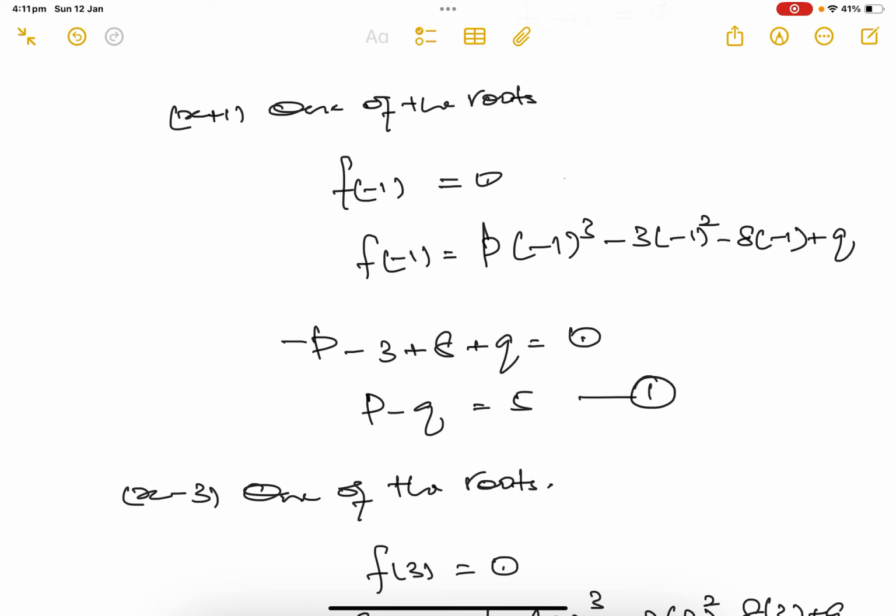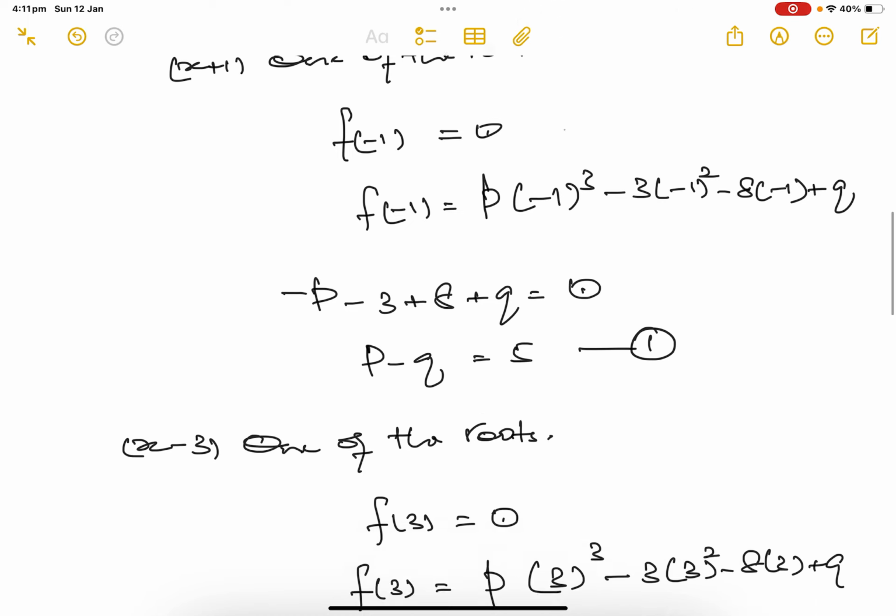Minus 1 cubed is minus 1, so minus p; minus 1 squared is 1, so minus 3; minus 1 times minus 8 is plus 8; plus q equals 0, because the remainder is 0. So minus p minus 3 plus 8 plus q gives q minus p equals minus 5, that is, p minus q is 5, equation 1.